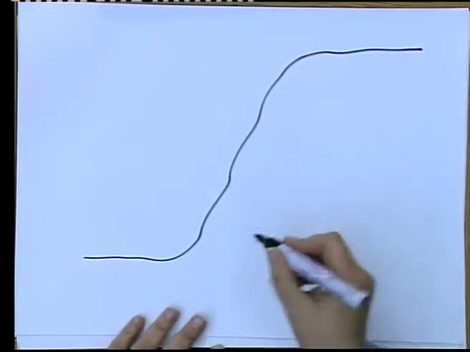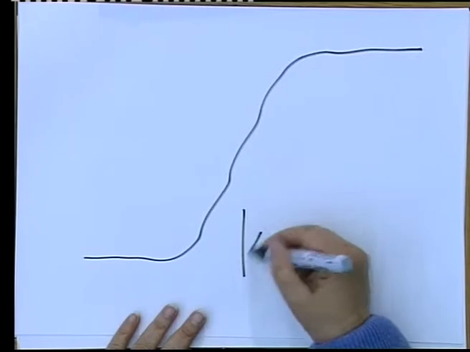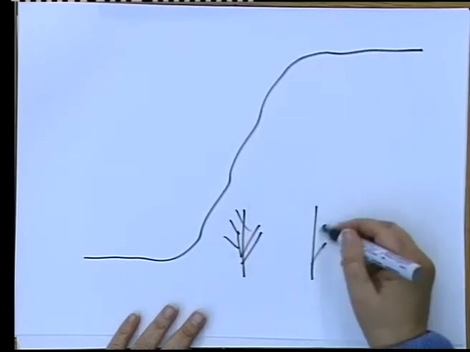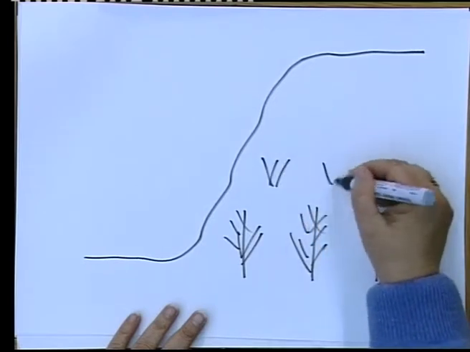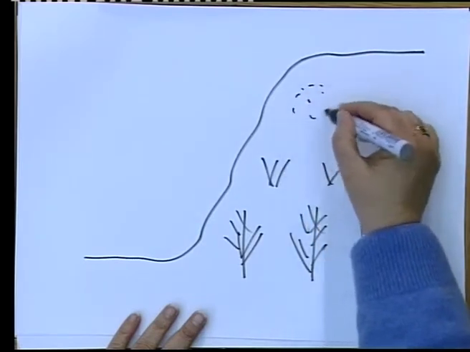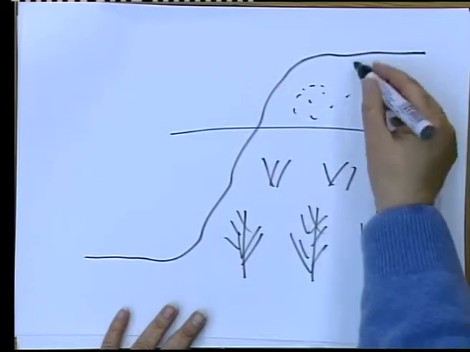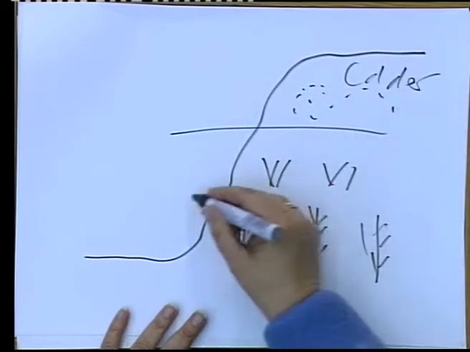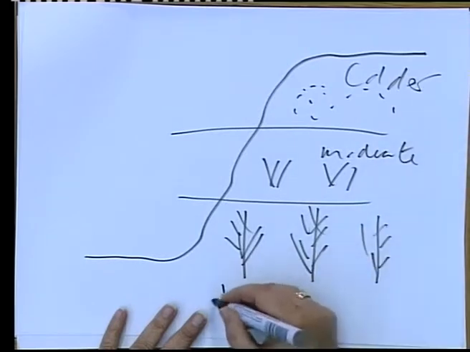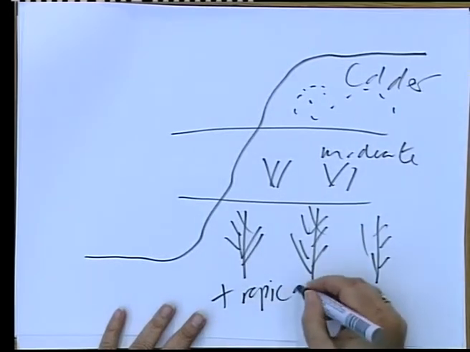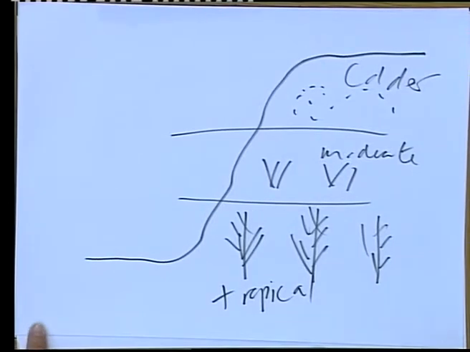There's a mountain, and you might find that you've got tall trees here at the bottom, so it's woody, sparser plants at the top, and just mosses and very sparse plants. And this might be colder, this might be a moderate temperature, and this might even be tropical. Pardon the handwriting, but I'm sure you know what I mean.